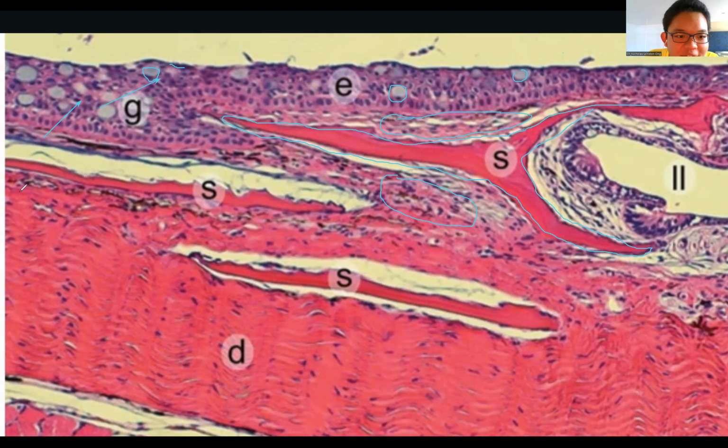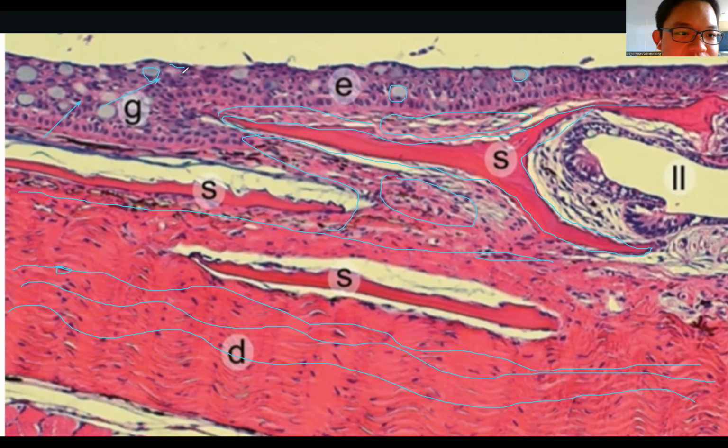Moving on, we can find the second layer of skin right here, composed of collagen fibers. Right here, we can see this wavy extracellular matrix. These are thick collagen fibers, meaning these are the structures of the dermis of the fish. And like that of mammals, the collagen fibers have nuclei on the side.